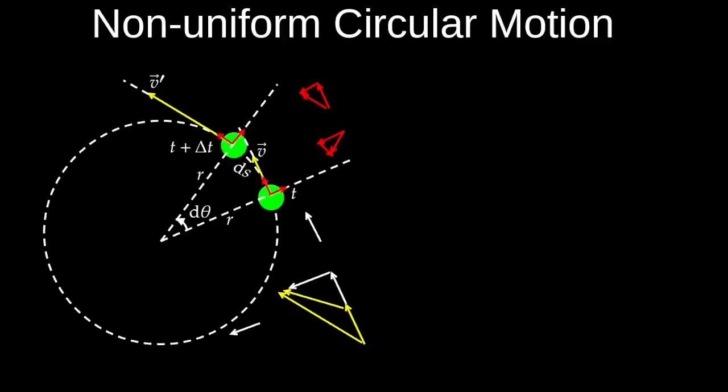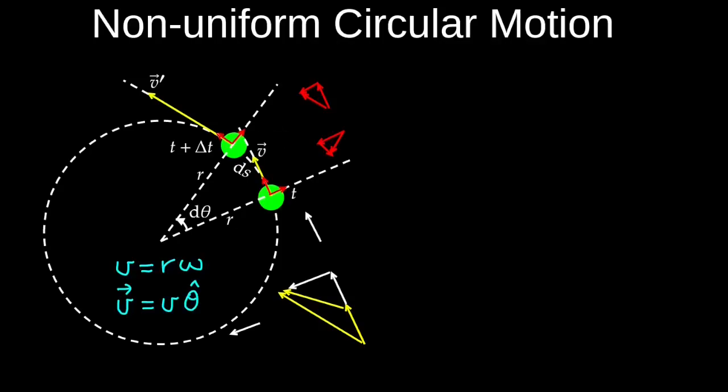In our previous analysis for uniform circular motion, we derived the following quantities. So the speed was equal to the radius of the circle by the magnitude of the angular velocity. And we had the velocity being equal to the speed in the tangential or theta direction.